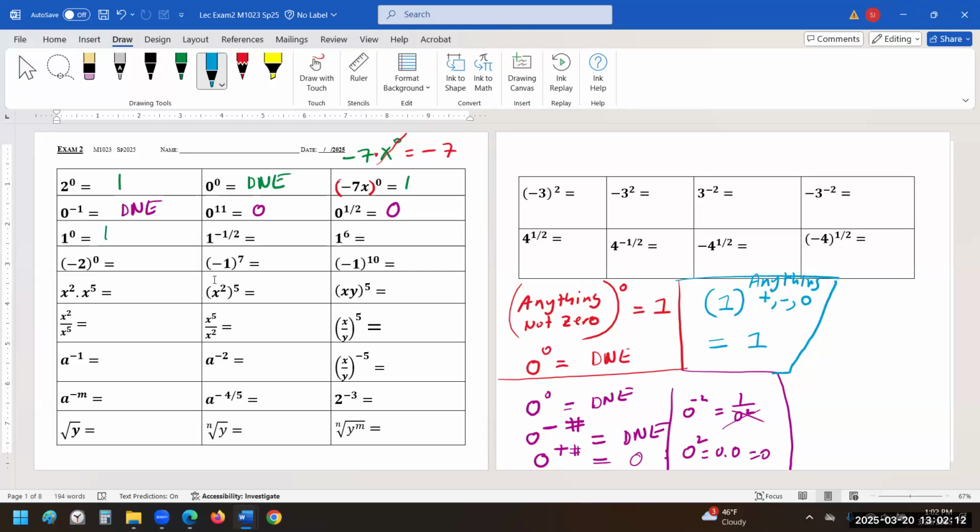It doesn't matter what we throw at it, it always stays the same. That means what is 1 to the negative 1/2 power? 1. What is 1 to the 6th power? Still 1. What is 1 to the 0 power? Still 1.